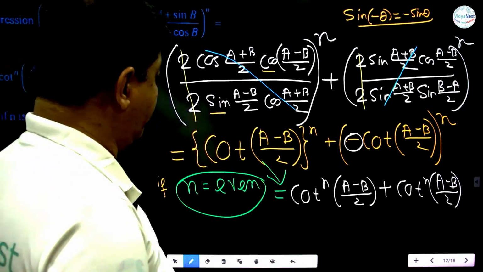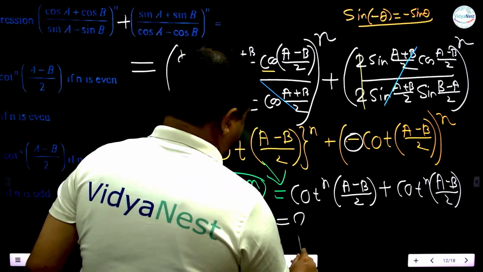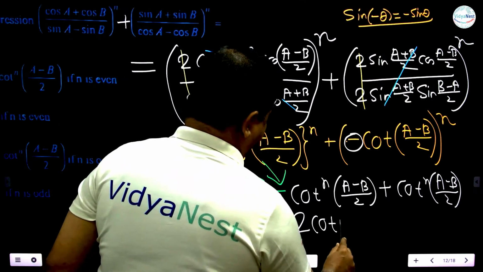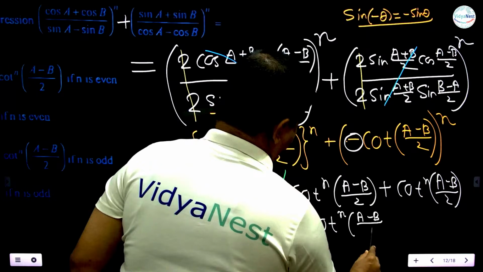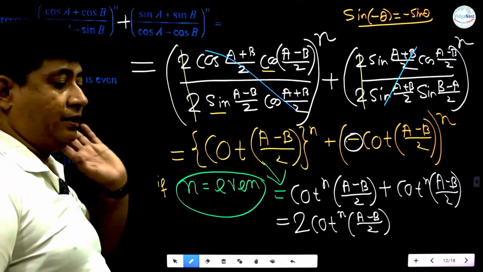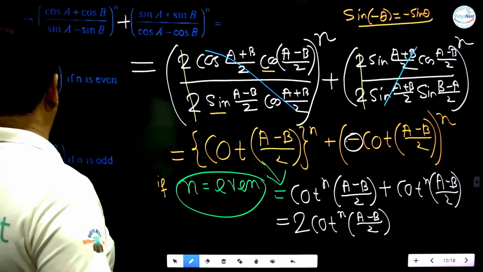So we will get 2 cot to the power n. Okay, got it up to this stage?